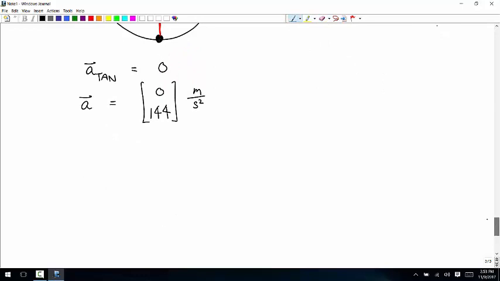Now do a free body diagram of the ball. Okay, so what forces are acting? There is a weight force. Everything has a weight force. But in this picture, what direction would the weight force be pointing?